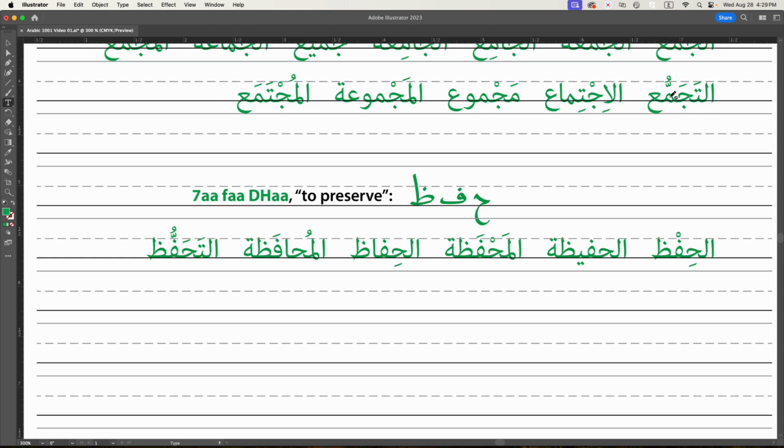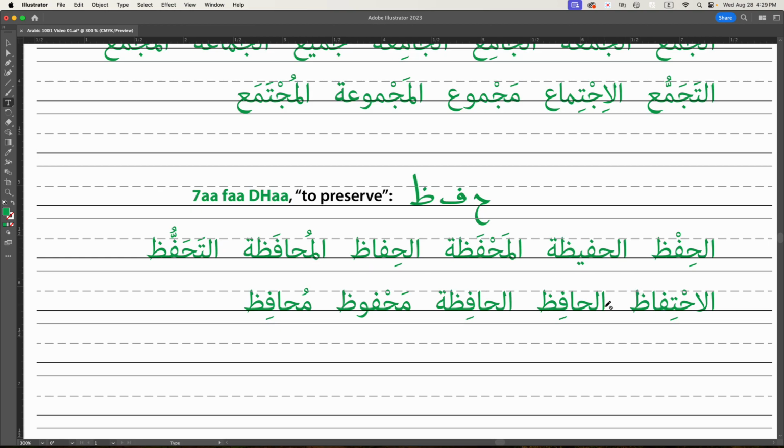And while these words have completely different roots, jim, mim, ayn up here, and ha, fa, dhal here, they have the same pattern. You've done the same thing to them. And what that means is they're going to be similar in terms of grammar, in terms of part of speech. And I'll go into this in much more detail in the next video.